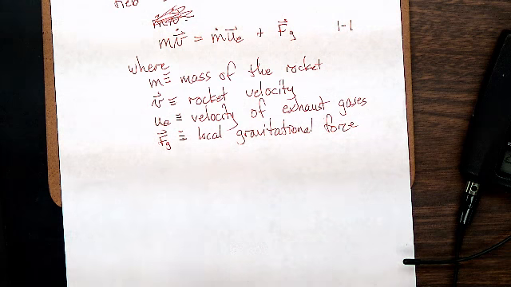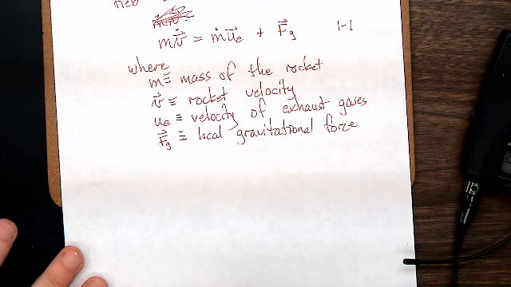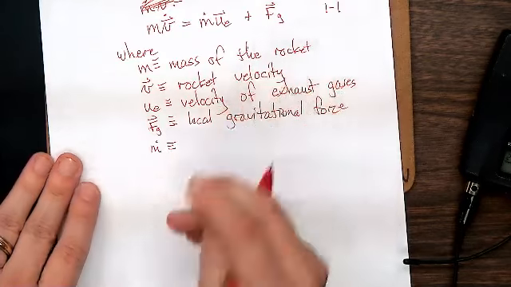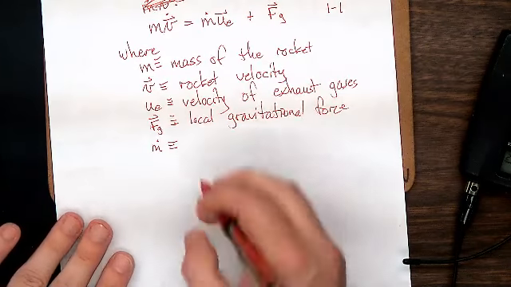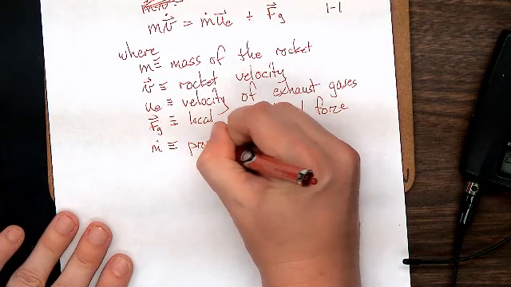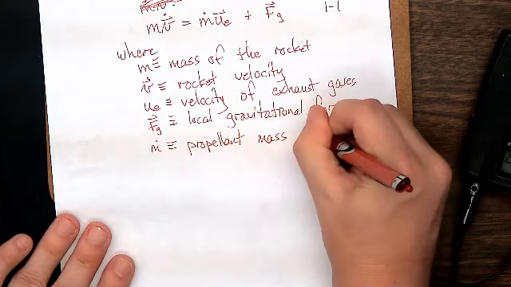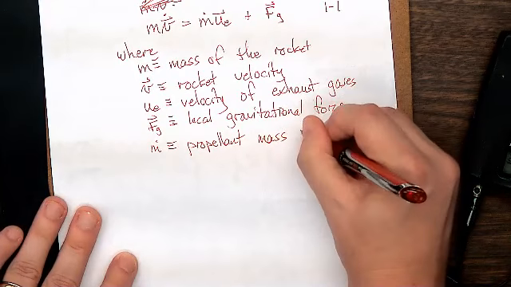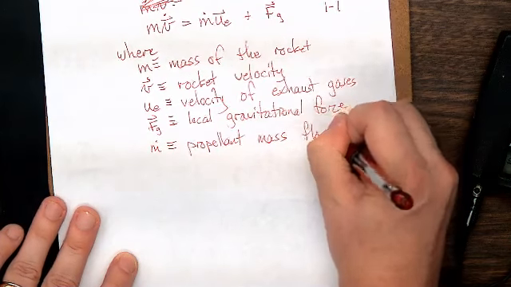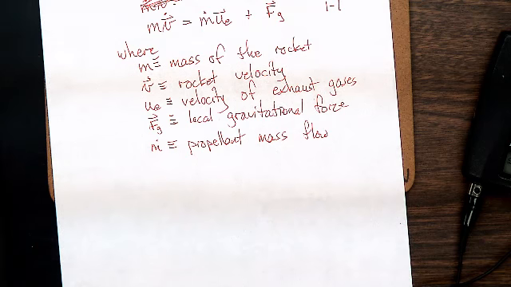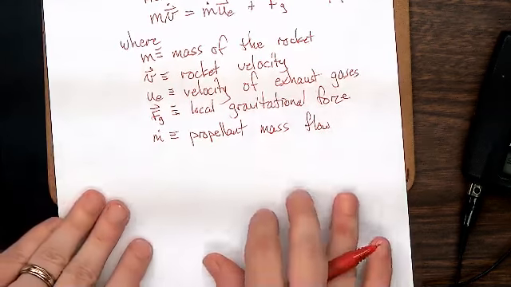Okay, so F sub G vector is the gravitational force, and we didn't define M dot, and that is the propellant mass flow. Because it doesn't have to be gaseous, you can have somebody on the back of your rocket throwing off pieces of it to accelerate.